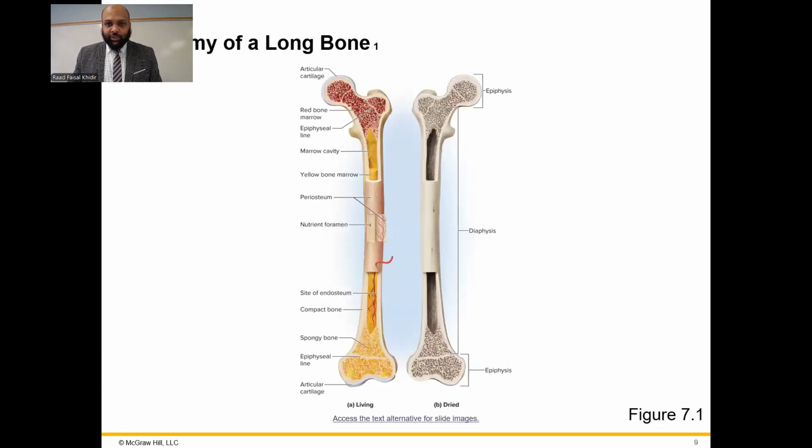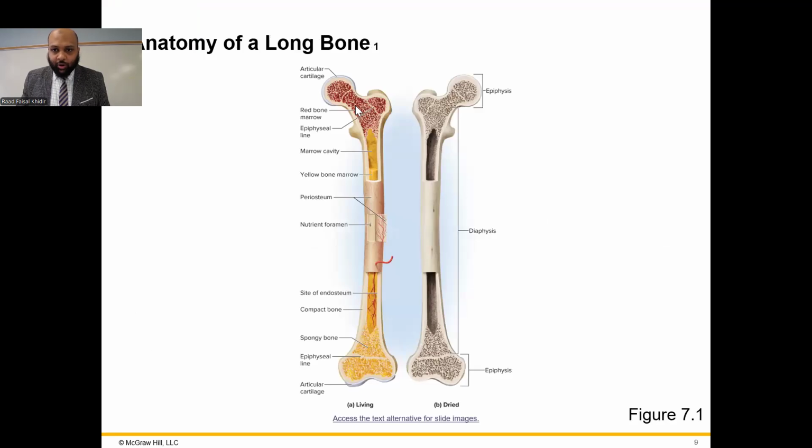Okay, so this here shows us the anatomy of the long bone, and that shows us in the medullary cavity, we're going to have our yellow marrow, and the red bone marrow is found in the epiphysis, and you see that there are multiple layers and sheaths that wrap around the bone tissue, in which to provide insulation, to provide this structural support for all of the blood vessels that are going through and invigorating this bone tissue.